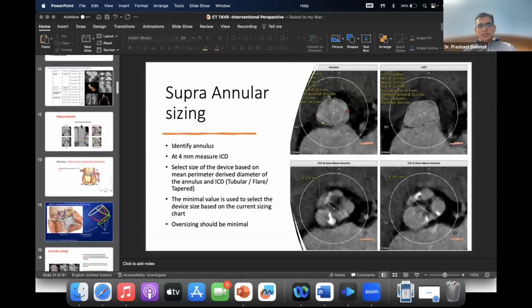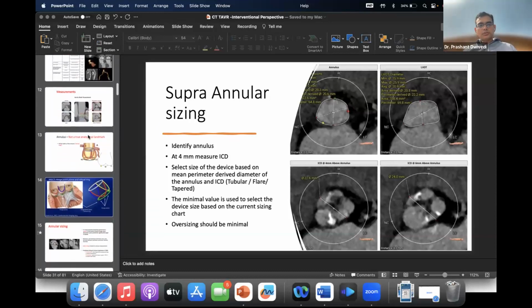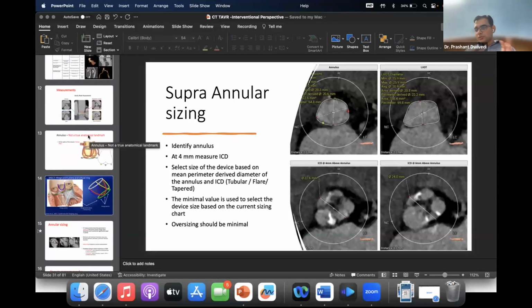Yes. Most of the time, the annulus measurements are almost similar when the radiologists do it or the cardiologists do it. The question only comes in a borderline situation where we need to understand whether we can go with a 23 mm valve or a 26 mm valve. In those situations, we need this dedicated software more because we need a more accurate dimension measurement. Otherwise, almost 80 to 90% of the time, the findings are correlated with each other.